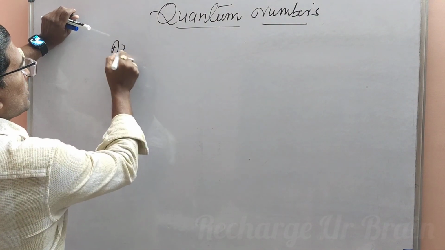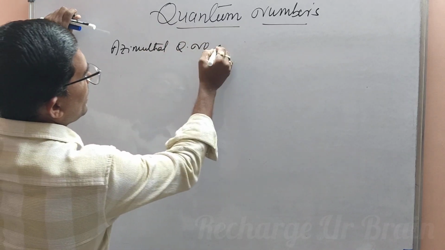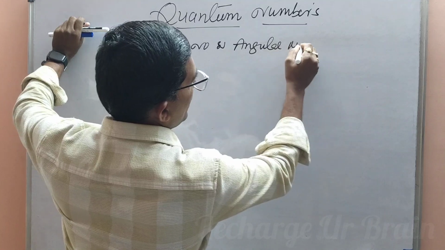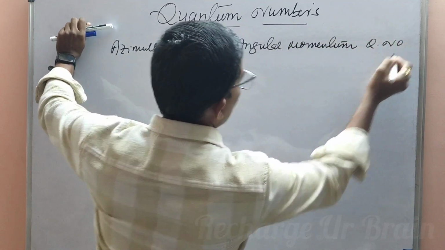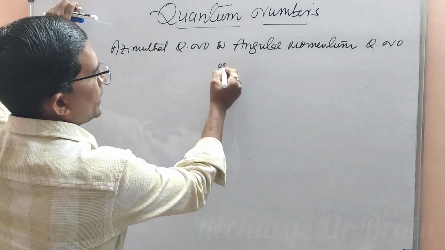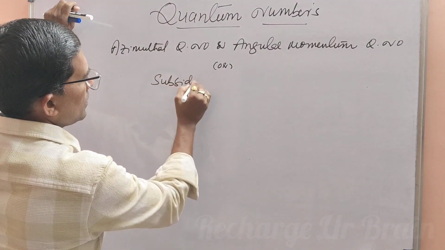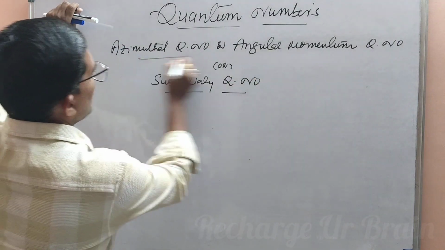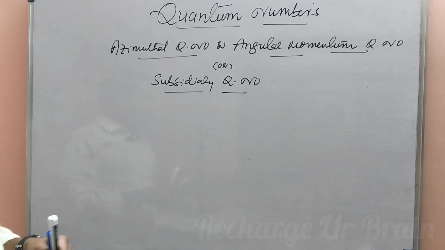Next one is the azimuthal quantum number, or angular momentum quantum number, or it can also be called the subsidiary quantum number.